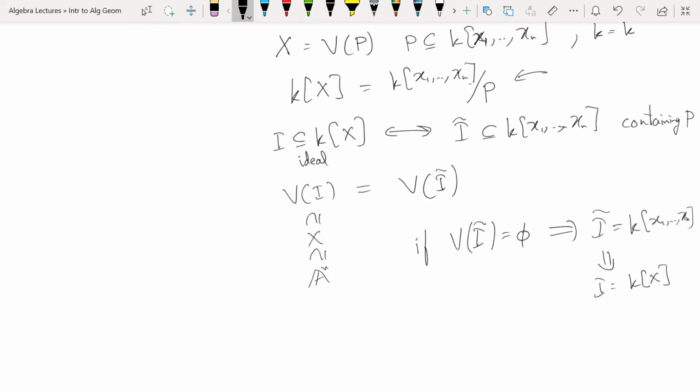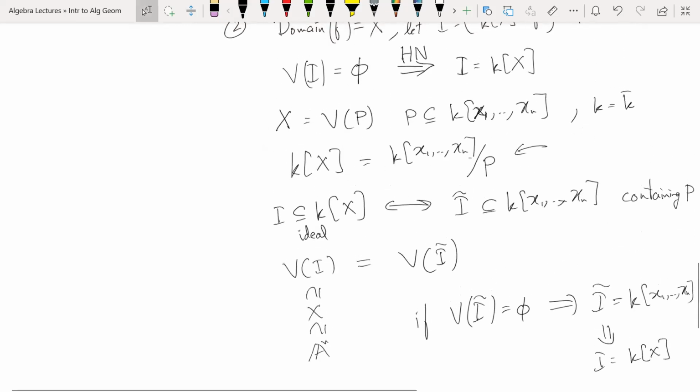That tells you that (a1, ..., an) belongs to V of I tilde. That is how the proof goes using Hilbert's Nullstellensatz.